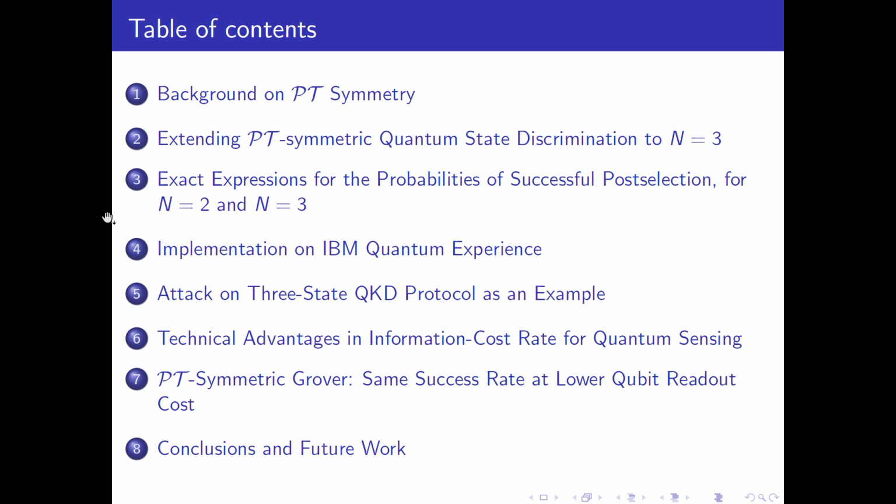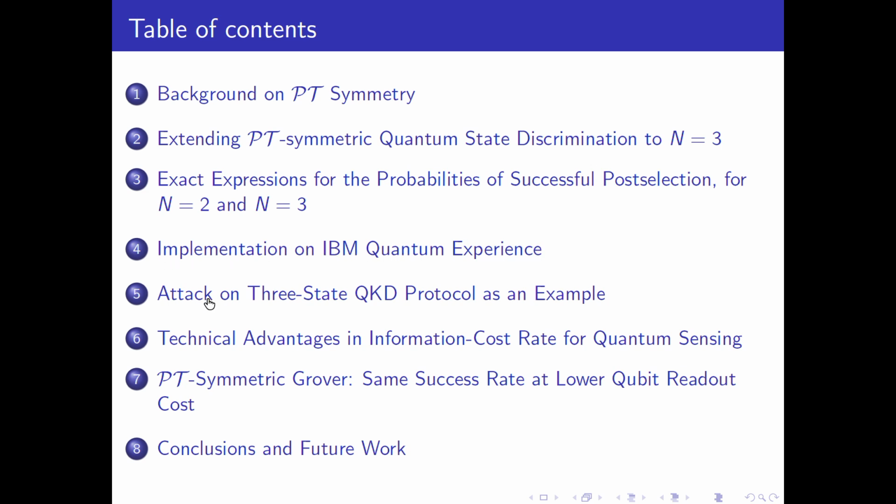Unlike previous work, where other researchers implemented this by numerical computations, in our paper we did both. We implemented it numerically, and we found exact expressions for maximum probabilities of successful post-selection analytically. After that, I show the implementation on IBM Quantum Experience.